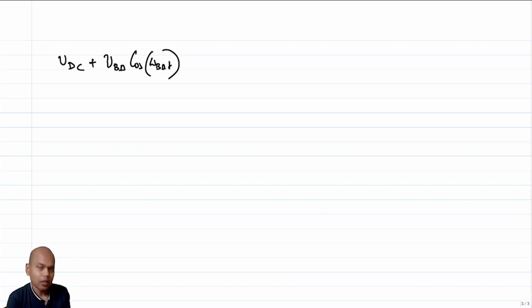So your message signal, or the baseband signal, will have a component of VDC plus some baseband signal VBB cosine omega BB t. Now let's say you multiply it with a sinusoid.